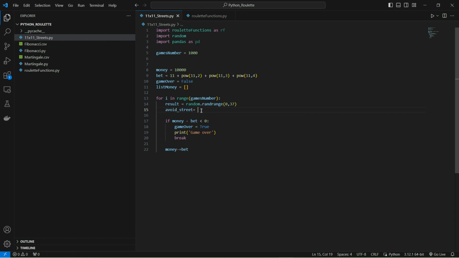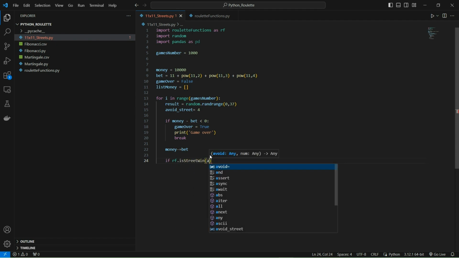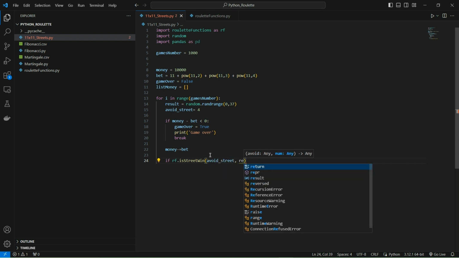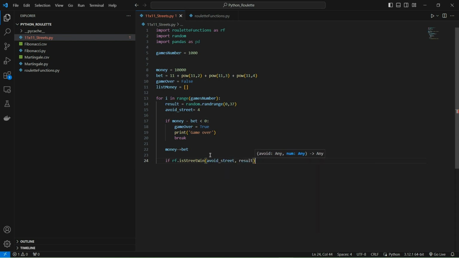Let it be street 4. And then if I win, so if roulette functions is street win, avoid street and result, if that is true, I will first retrieve the money that I bet with, so I will add money and bet.